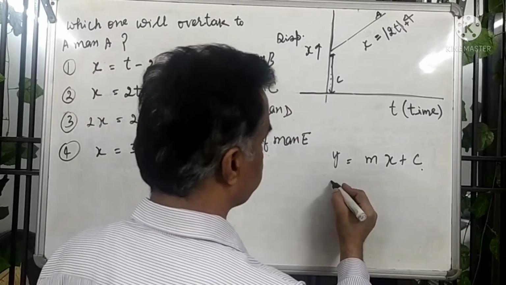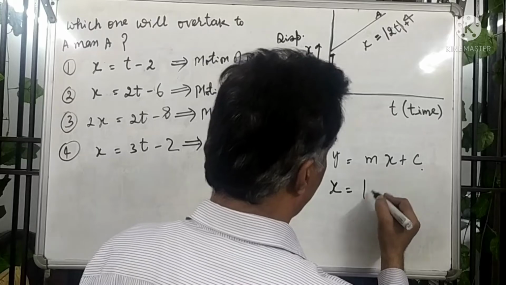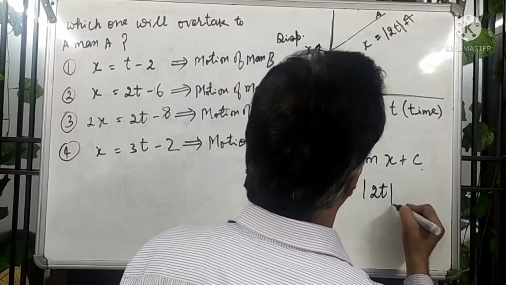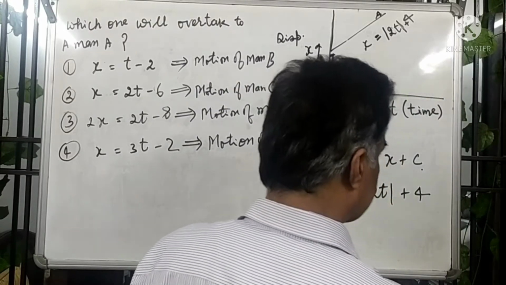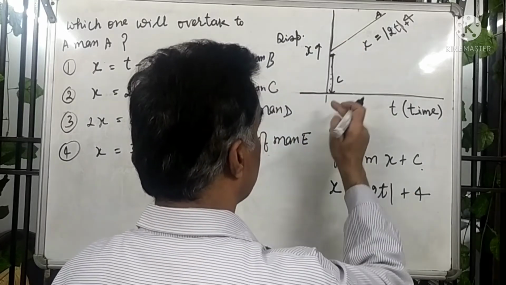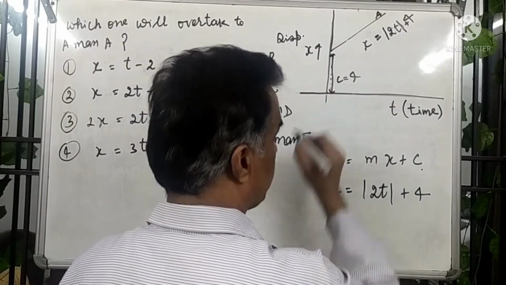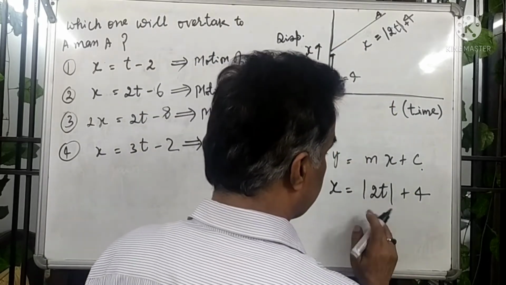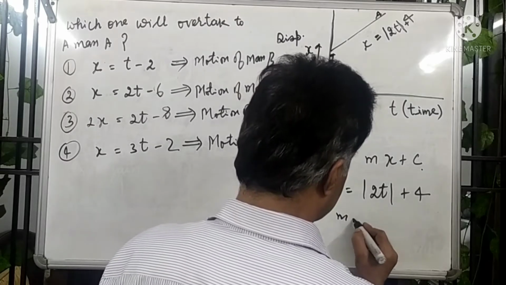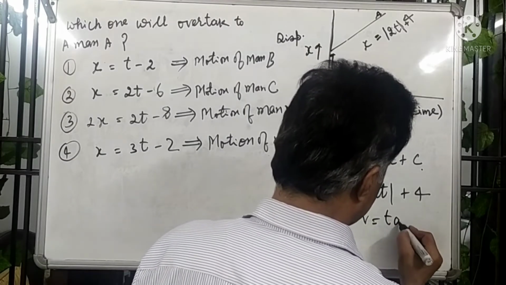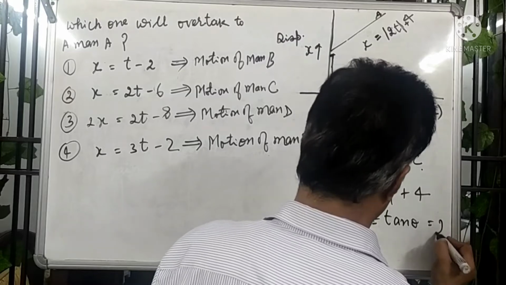x = |2t| + 4. This implies c = 4, and in 2t, m is the velocity, which is tan theta, and this is 2.